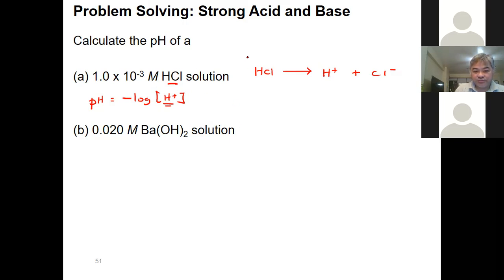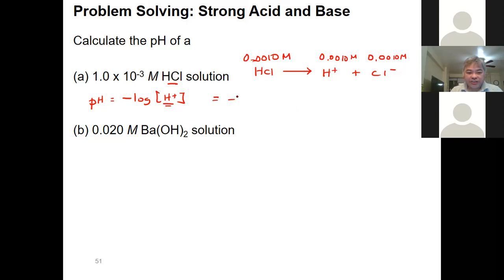So we have 0.0010 molar. So how much of H plus will be formed? The same po sa HCl. So we also have 0.001 molar.